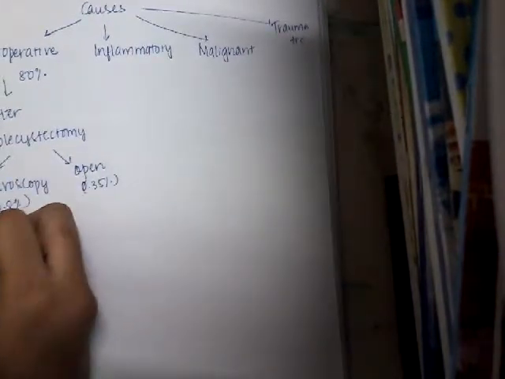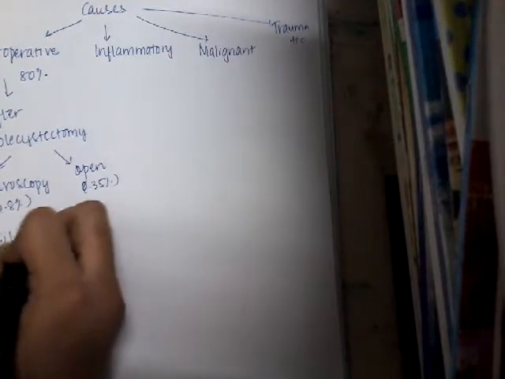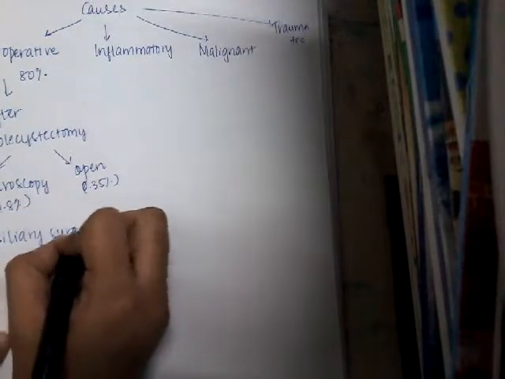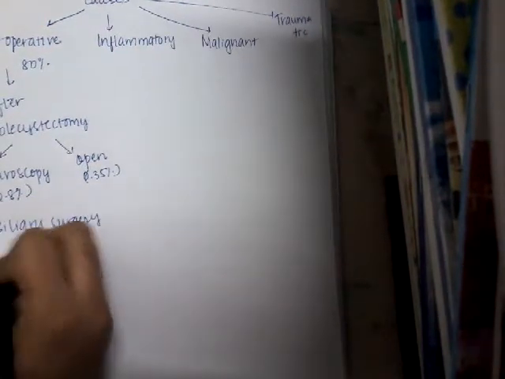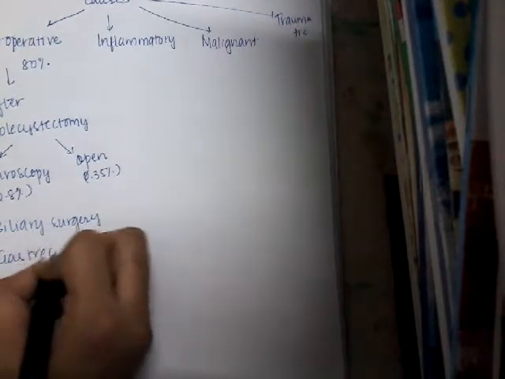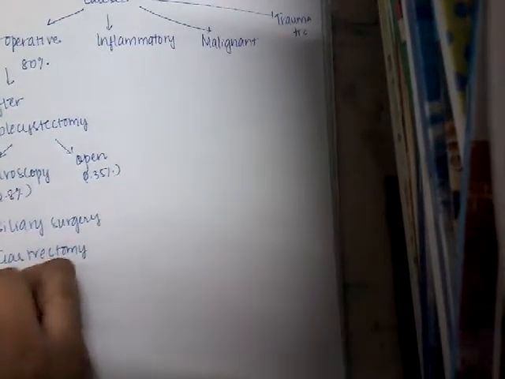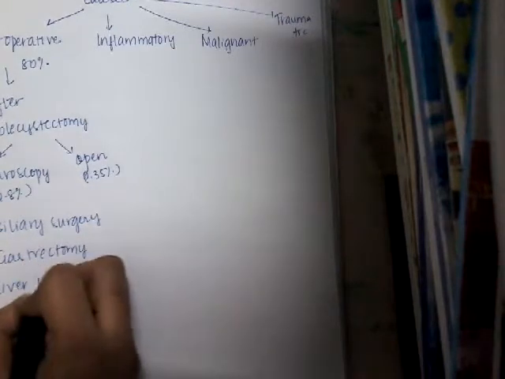Okay. Then the second one, biliary surgery. It is common after biliary surgery. Third, gastrectomy. Fourth, liver surgery. And the fifth one, duodenal and pancreatic surgery.